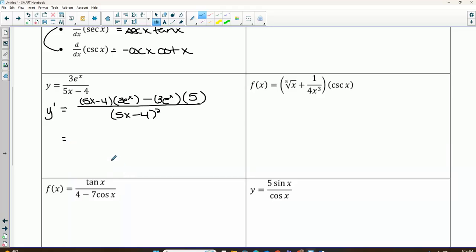All right, I expect you to do any obvious simplification. So if there's things like terms to be combined or basic multiplication, we can do that. At this point, we can distribute. We don't have any like terms. You could also just take out that 3e to the x, which might be the nicest option. Then we're left with 5x minus 4 minus 5, or 5x minus 4 squared.